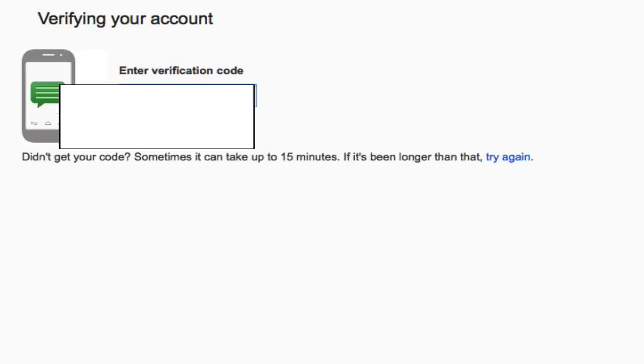Continue. There it is. The old-fashioned BlackBerry text message. Okay, continue.